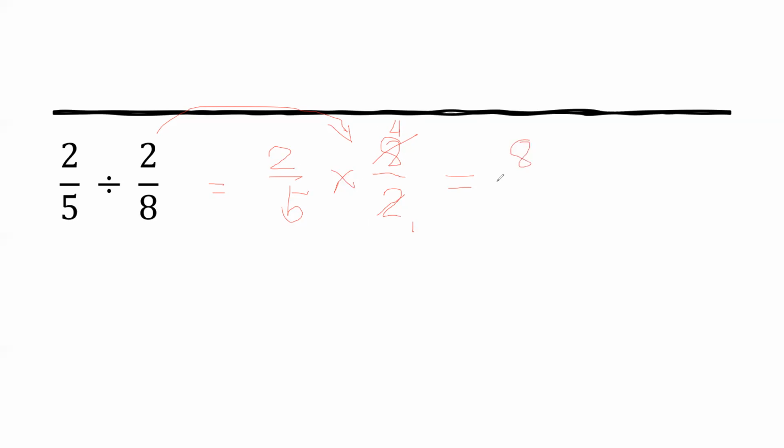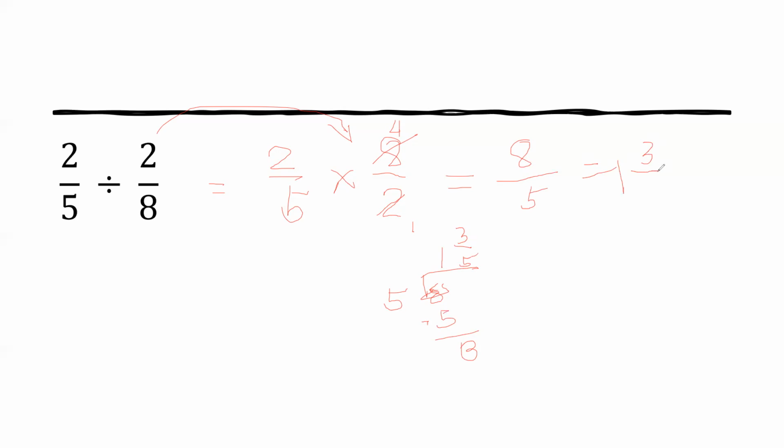Then 5 times 1, that will be 5. So, we have 8/5. So, i-divide natin ang 8 by 5. May isang 5 sa 8. So, that will be 3. So, that will be 1 and 3/5. That will be our final answer.